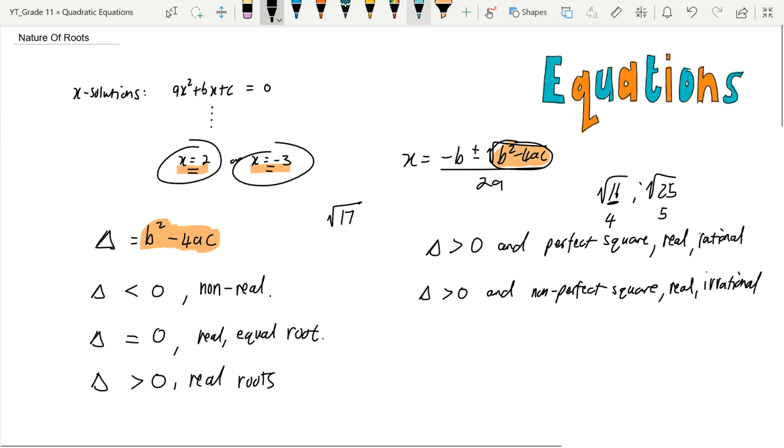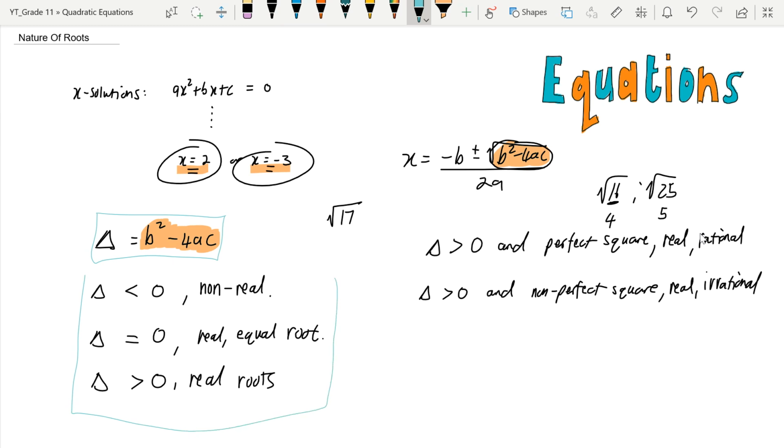Okay. Let's just wrap it up. There's our delta. If we work out delta based on whether delta is bigger than 0, equal to 0, or smaller than 0, we would be able to predict and say the roots will be non-real or real, or there will only be one root.